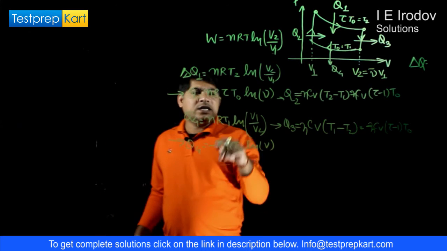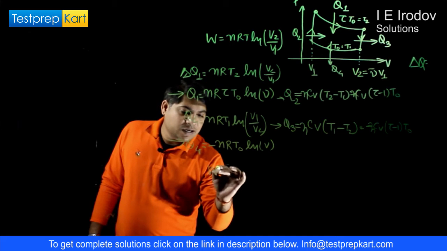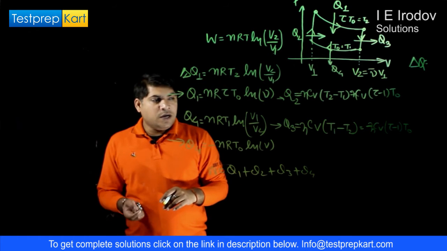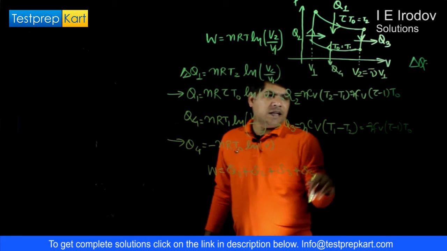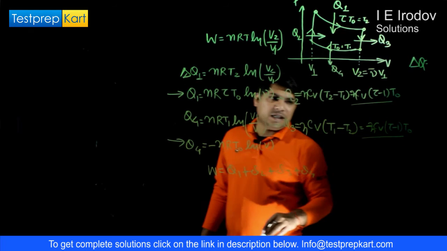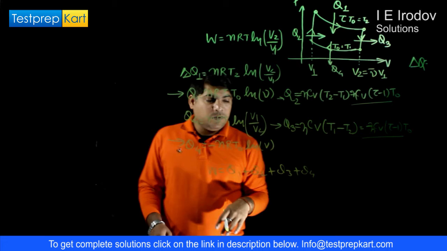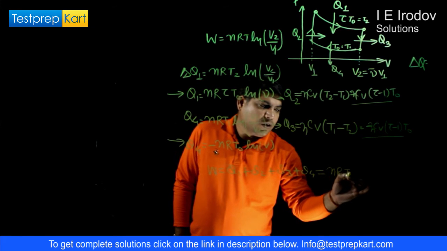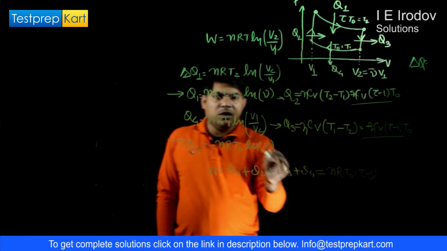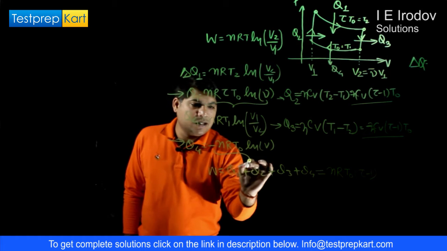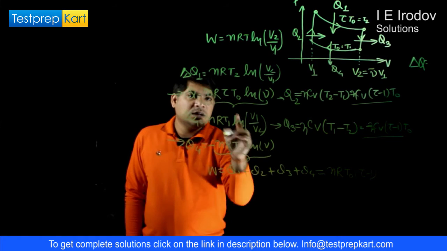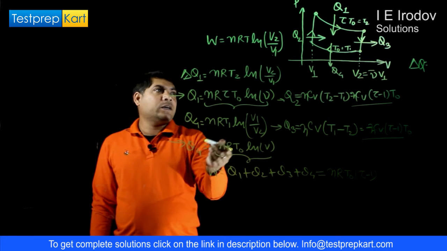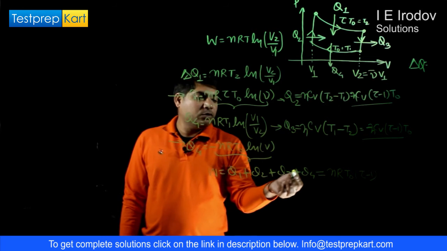The total work done by this cycle is the sum of all heats, Q1 plus Q2 plus Q3 plus Q4.